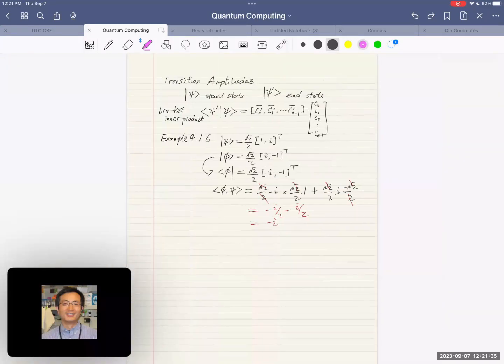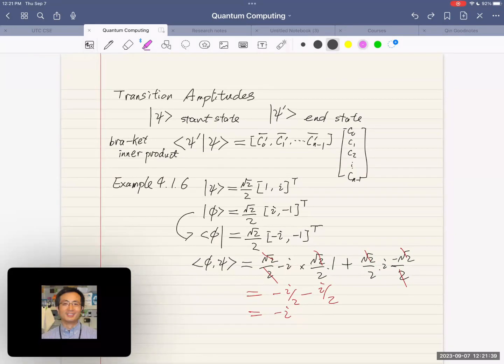Okay, so one very important concept is called transition amplitude, which basically describes, given a start state and an end state, how the quantum state transits from the start to the end. This is actually quite relevant to the observable state.